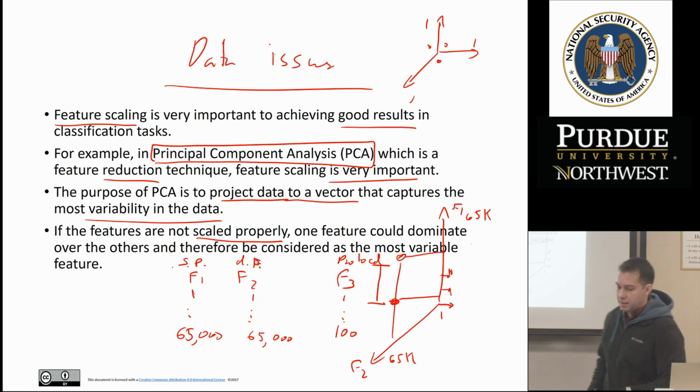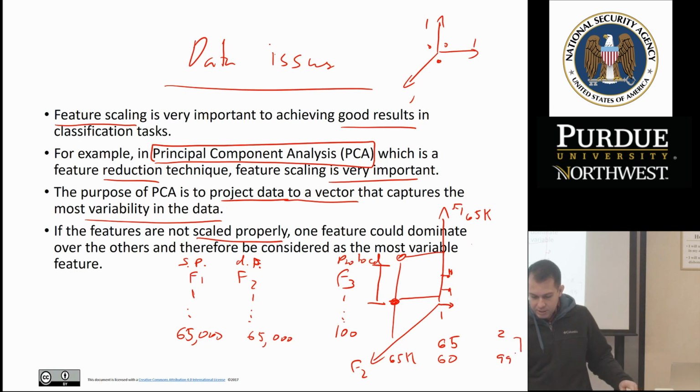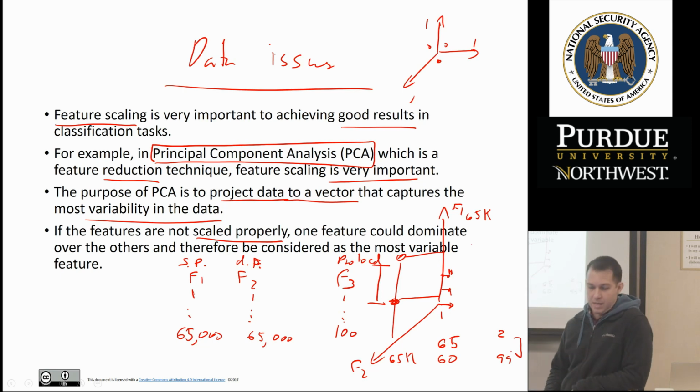It could turn out that the values here are in the range of 65,000 versus 60,000, and the values in the other one are from 2 to 99. If they are not scaled, this is only a difference of less than 100. This is a difference of 5,000.